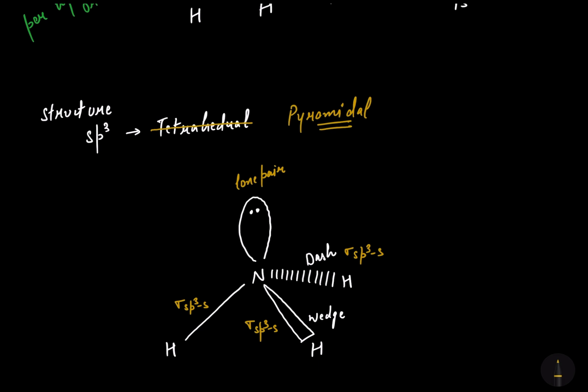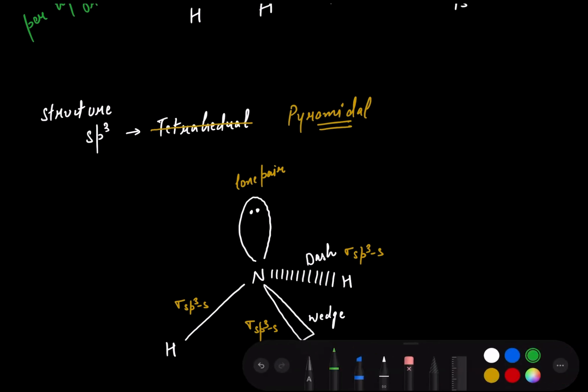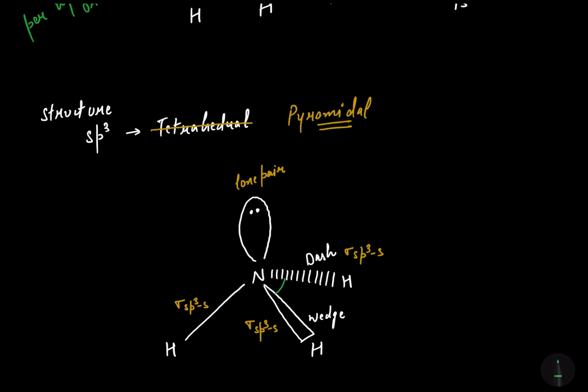Now in case of NH3, I'm specifying the bond angle. The bond angle is actually 107 degrees. The 107 degrees, you have to learn. Usually normal tetrahedral angle is 109 degrees and 28 minutes. But in this case, the bond angle will be decreased and it will be 107 degrees. The reason for this thing we will study in the VSEPR theory.